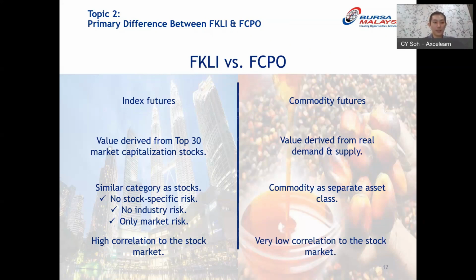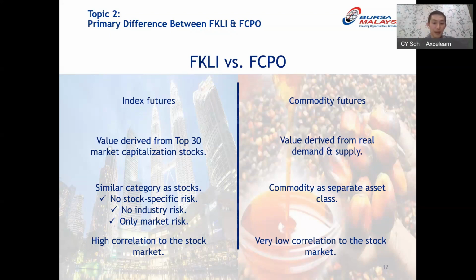You will still need palm oil ingredient products to make your biscuits, your Maggi, to produce Milo as raw materials. This is what is special about commodity futures. Commodities are all of those raw materials that we need to consume as humans, whether we consume them internally, such as foods, or externally, like building materials, and so forth.